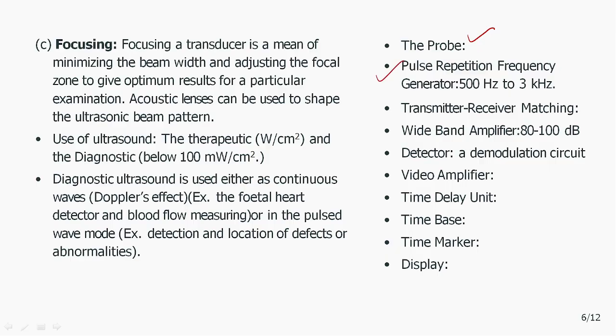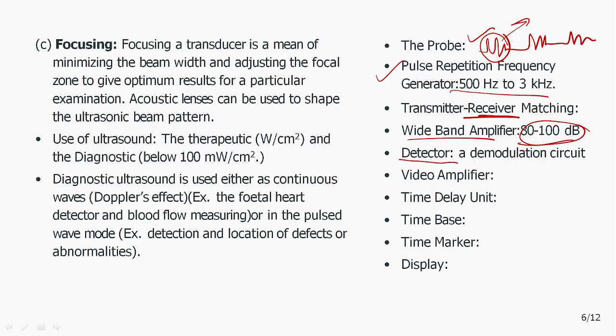Second one is the pulse repetition frequency generator, that will repeat the signal at a particular duration, and these are moving through this probe, and the acoustic signal will be generated and travel through the tissue, then be reflected back to the receiving end, and that received signal is amplified using a wideband amplifier, which has a gain of 80 to 100 dB, and then once it has been amplified, it has to be detected using some demodulation circuit.